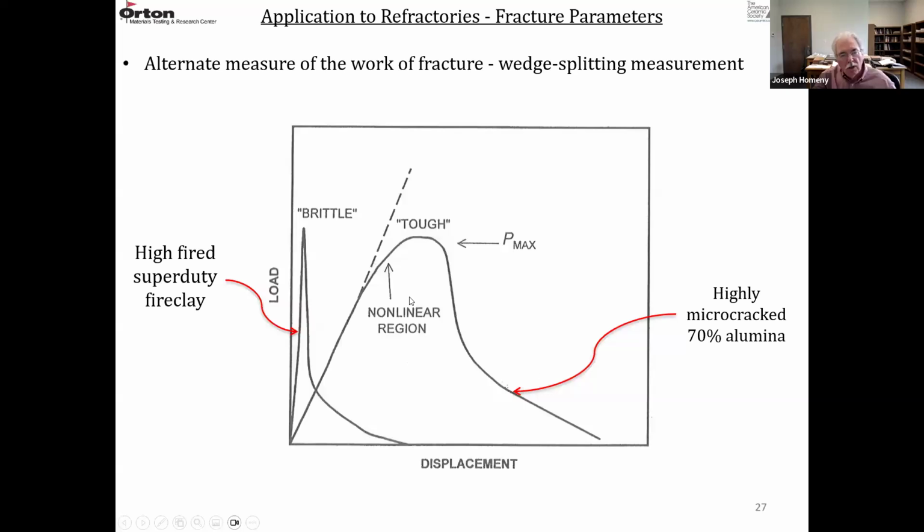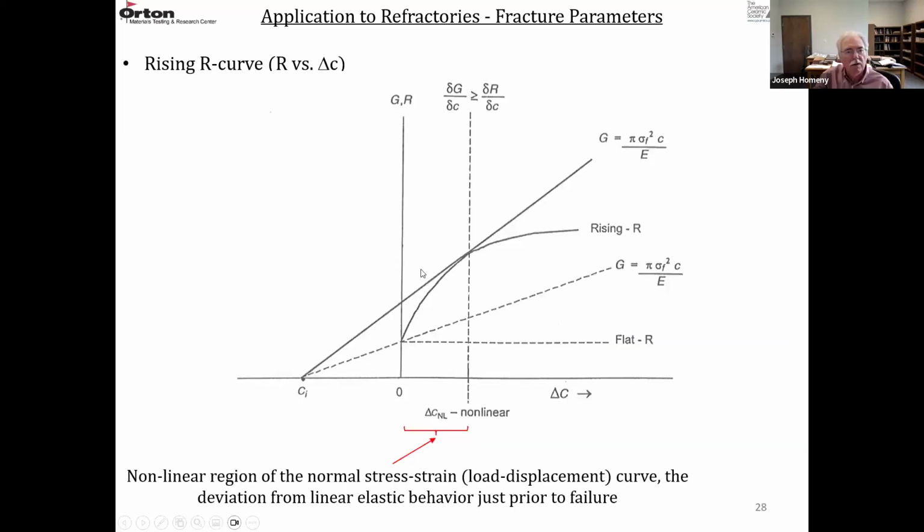We also mentioned these R curves. I showed a graphical method of making those measurements. It's also a tedious measurement. This portion here, where the R curve is rising, was the nonlinear portion. The nonlinear region of a stress strain curve or a load displacement curve is deviation from linear elastic behavior.